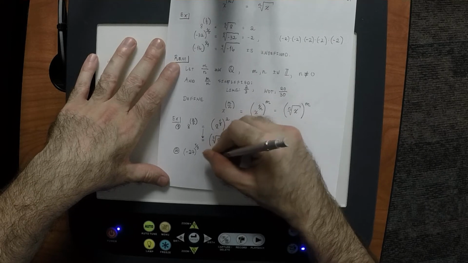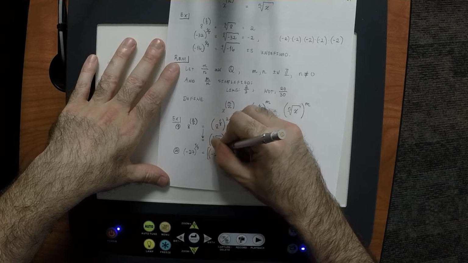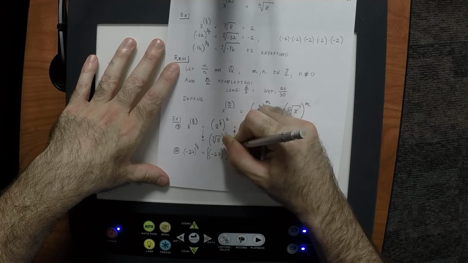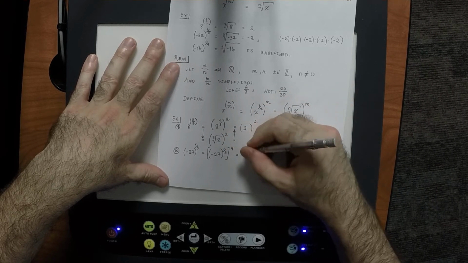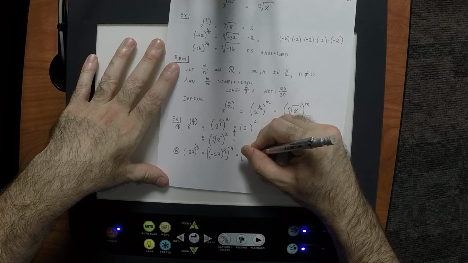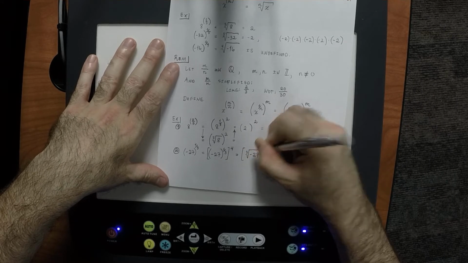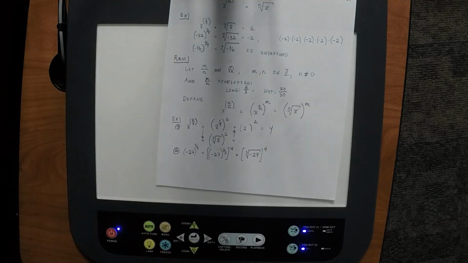So negative 27 to exponent 1/3, like so, and then after we've done that, we'll raise it all to exponent 4. And if you were so inclined, you could write the cube root like so. Okay, I see a negative inside of a radical, so is that okay?